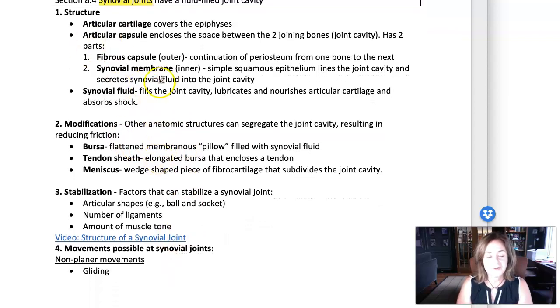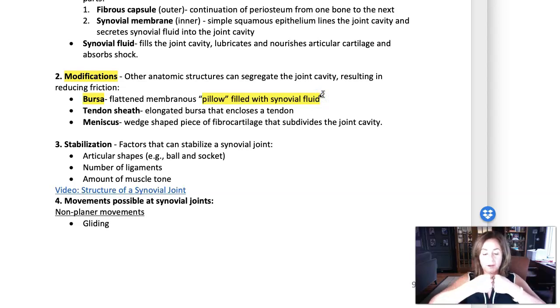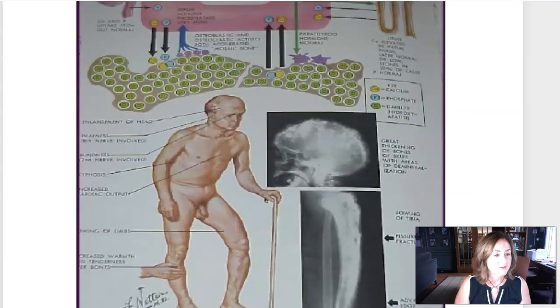So in addition to the synovial joint, there can be modifications. Like a bursa is kind of like a fluid-filled pillow that is within the synovial fluid, and so that when 2 bones are in contact, they don't come into direct contact, it reduces friction. Same thing with a tendon sheath, but a tendon sheath has to do with reducing friction around a tendon.